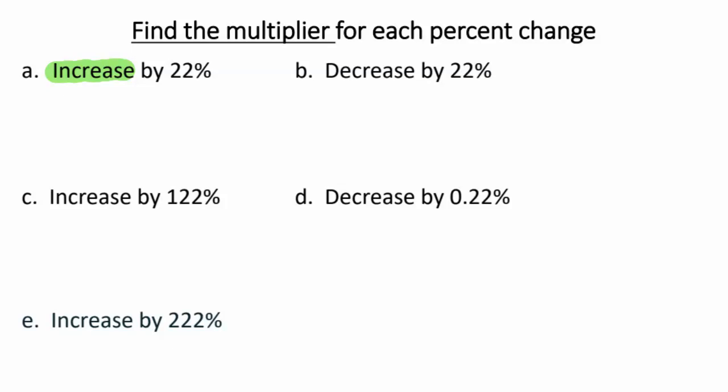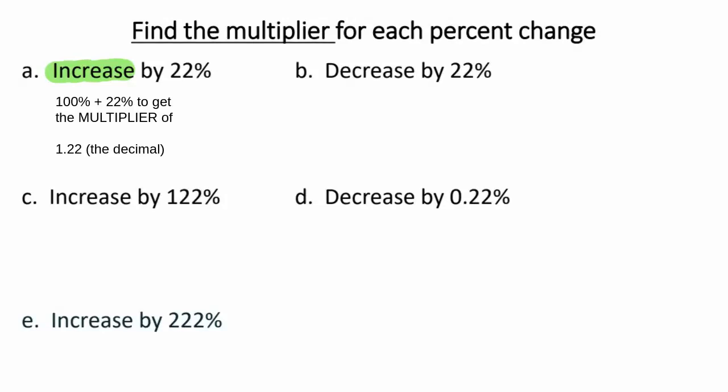We are taking 100% and adding 22% to get the multiplier of 1.22, the decimal. The multiplier is the decimal, 1.22.